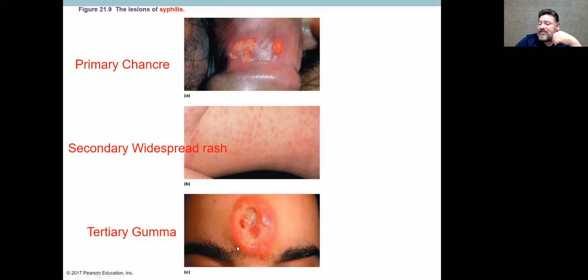In this phase, there are no spirochetes left. What has happened is that the spirochetes have changed the surface antigens of some part of the body, or many parts of the body. And those parts of the body are no longer being recognized by the immune system of the individual, and the individual launches an autoimmune response against those parts, and you end up with these so-called gummas that can manifest anywhere in the body.